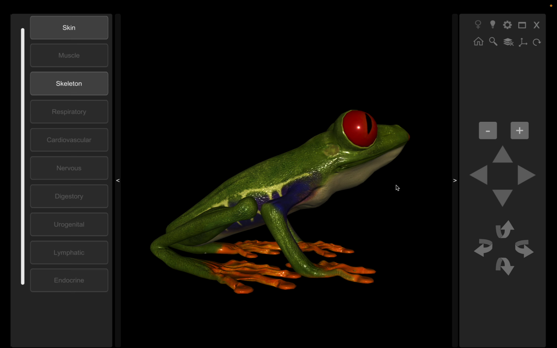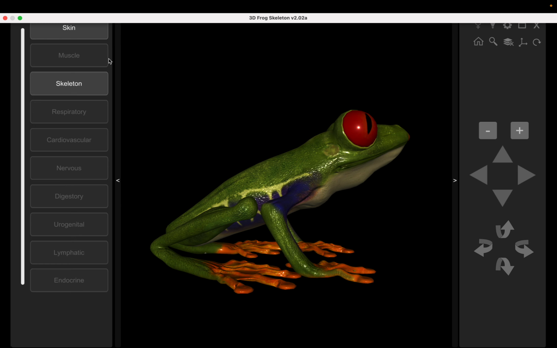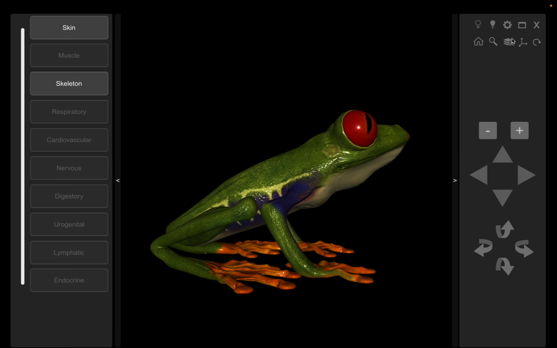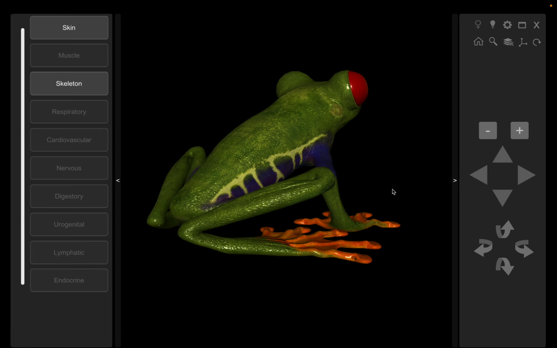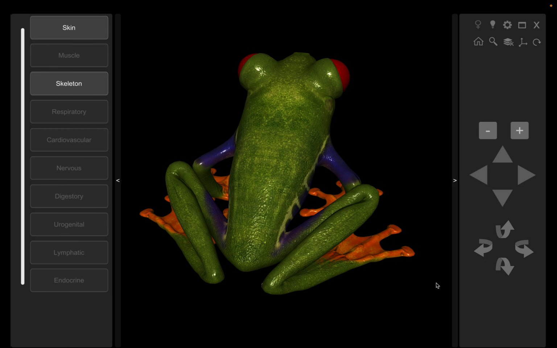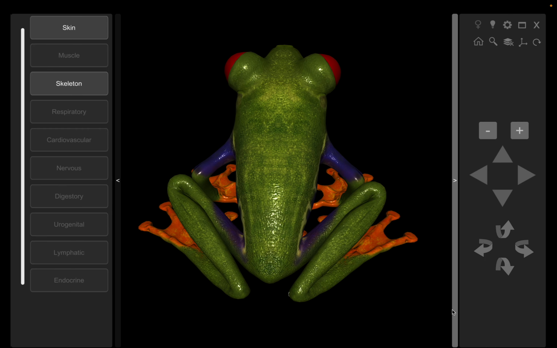We'll look into the axial skeleton first, and then eventually we'll move into the bones that comprise the appendicular skeleton. You can see our 3D model animal with the skin intact, no?